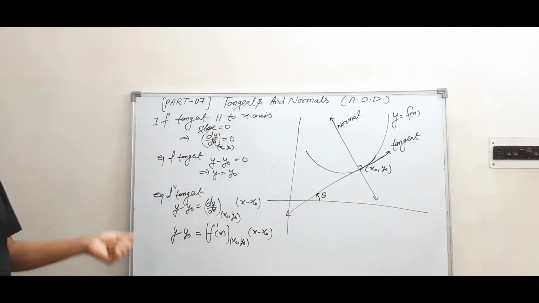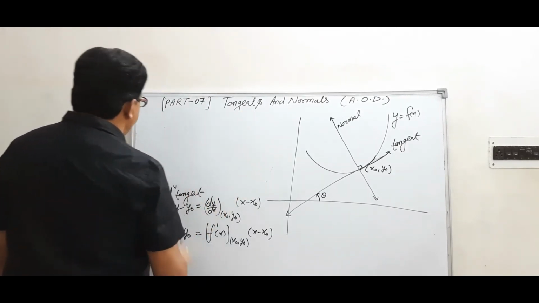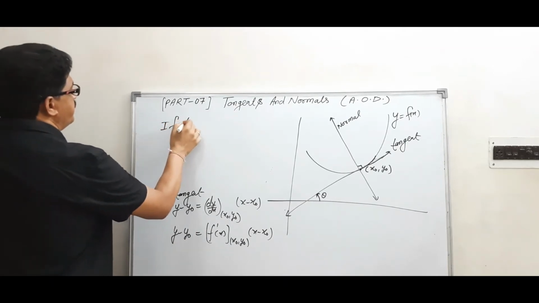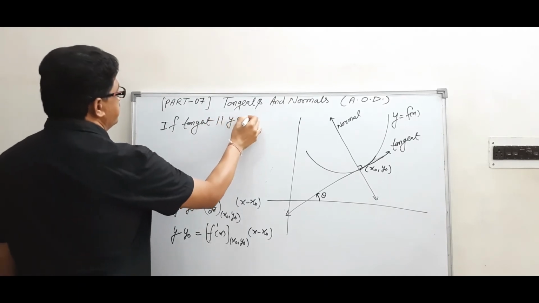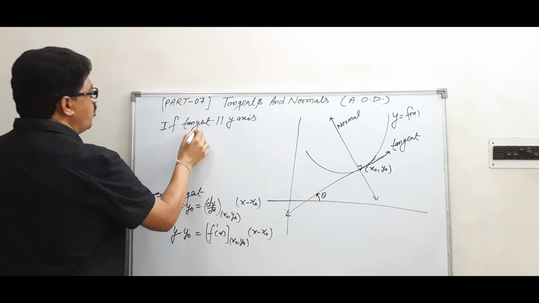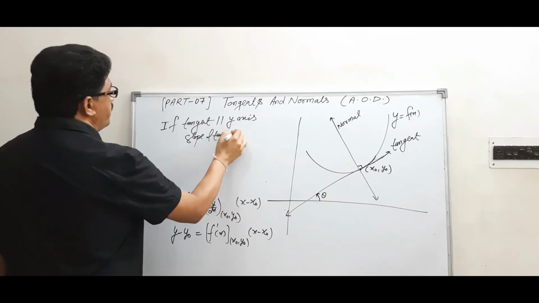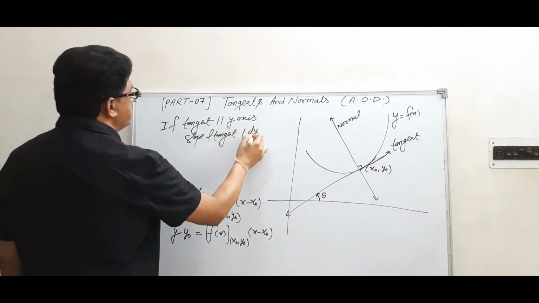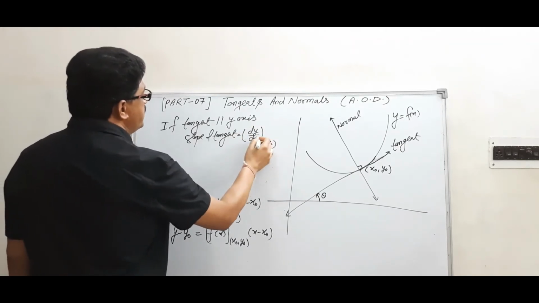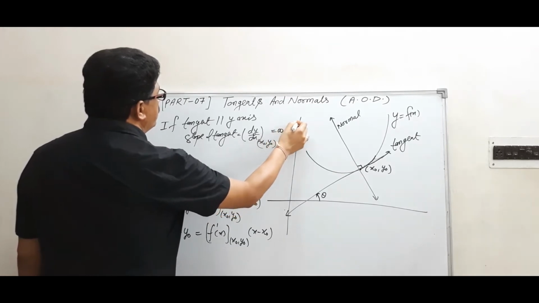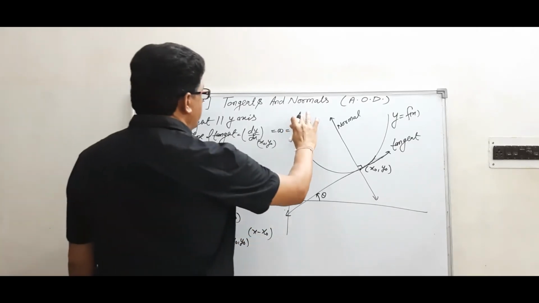If tangent is parallel to y axis, second case, then slope of tangent dy by dx at x0 y0 is equals to not defined or 1 upon 0.